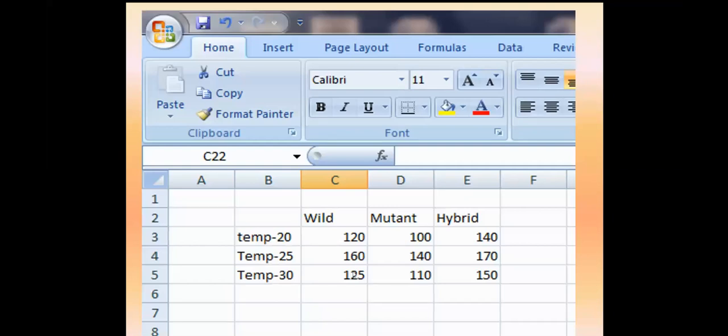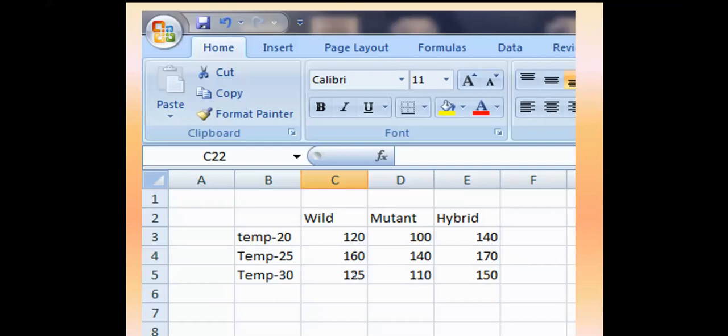I've taken a particular case here. First, let us understand what this shows. Understand here two factors are there. Suppose there is a specific species of insect which you are rearing in your laboratory.